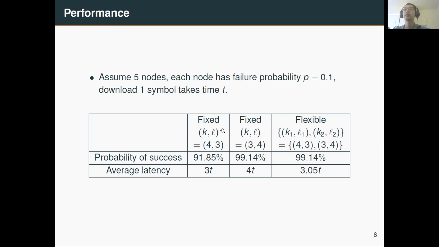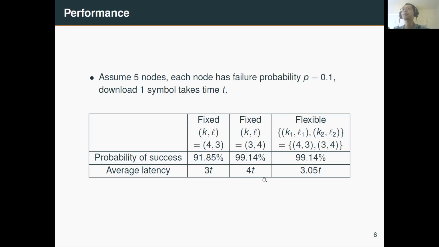If we need at least 4 nodes, then the probability of successfully downloading all the messages is about 92%, and we need an average latency of 3t, meaning we only need to download 3 symbols in each node. Or we can have a fixed partial MDS code with k equals 3. In this case, the success probability increases to 99%.